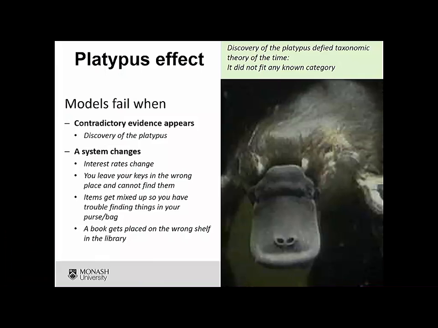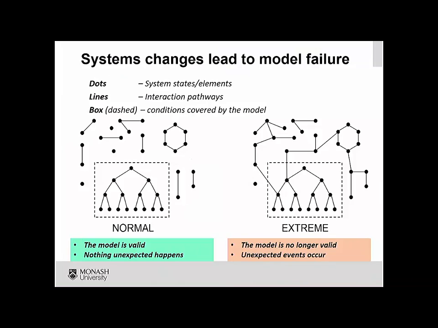Or a book gets placed on the wrong shelf in the library, so the Dewey Decimal System, which is meant to model exactly where every book is, is no longer telling you the truth. So we have to know that almost always models are not complete. They're abstractions of the real world, and so they sometimes give us wrong information, or they sometimes don't work.